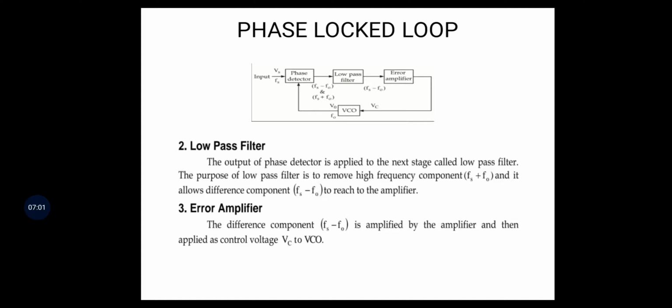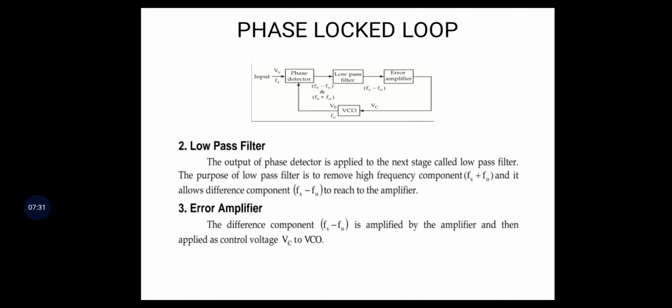Fs plus F0 is a high frequency signal, that's why it is removed by the low pass filter. Fs minus F0 is a low frequency signal, that's why it is allowed.